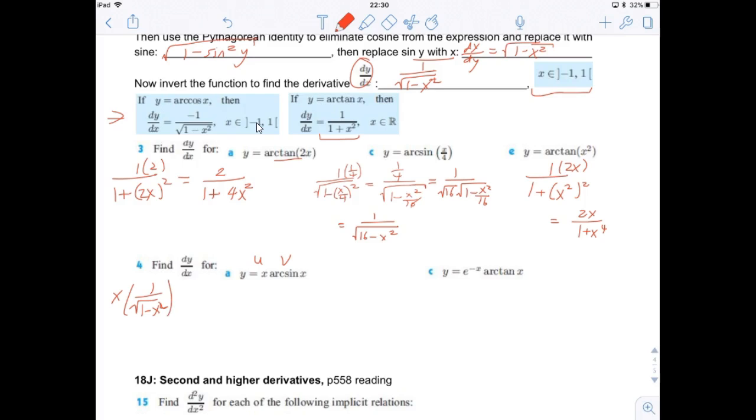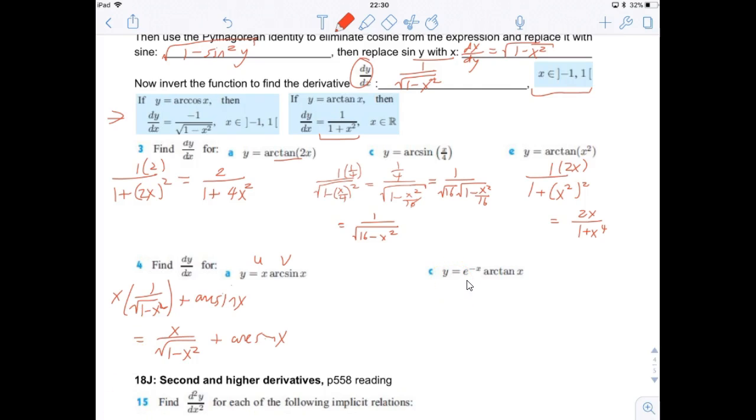Okay? And that would be u times v dash. Now we're going to do u dash, which is 1, times v, which is arc sine of x. So if I wanted to simplify that, I would do x over square root of 1 minus x squared plus arc sine of x.